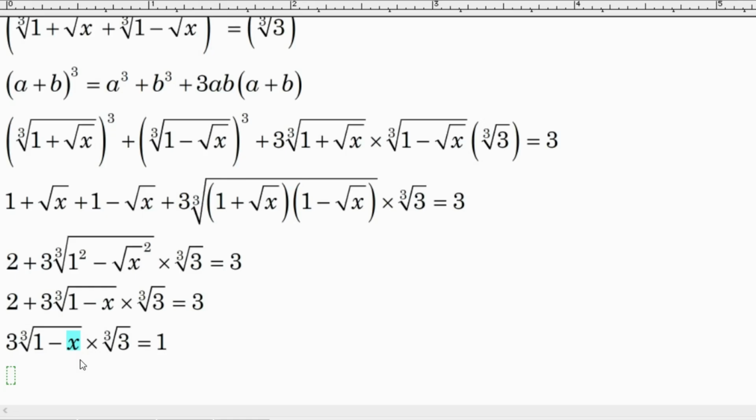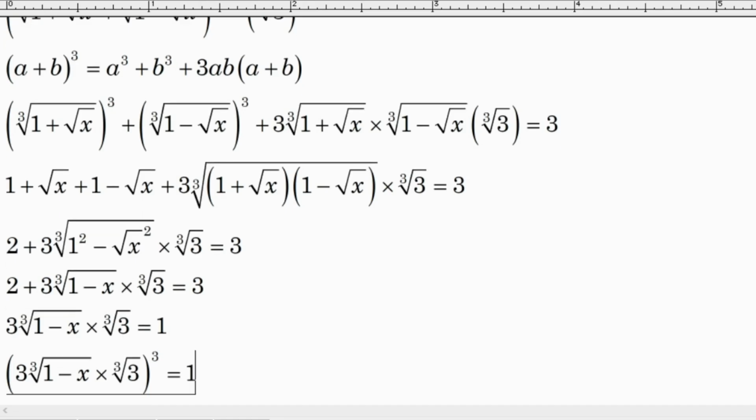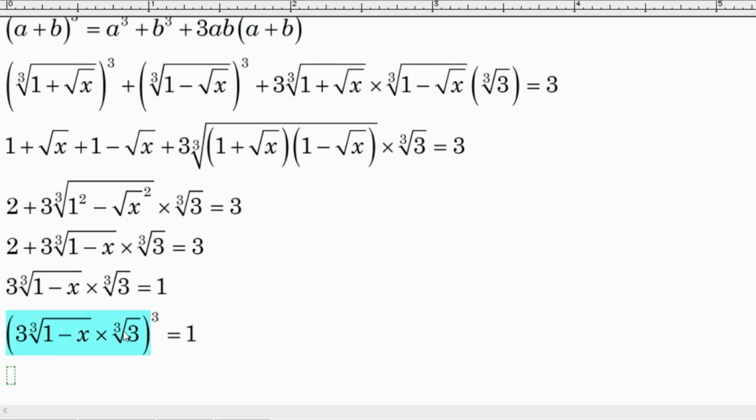So what we have to do next is cube both sides of the equation again. So we get this side raised to cube again, and then 1 also raised to cube, and 1 cubed is still equal to 1. Alright, okay, so now we will simplify this part.